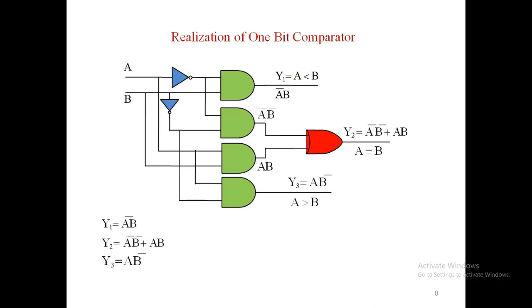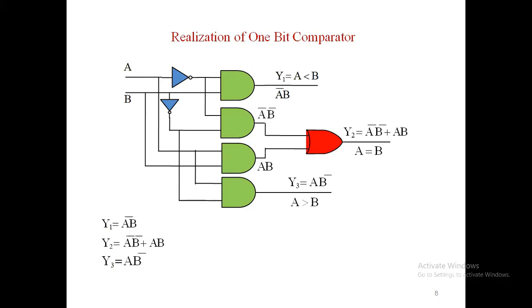So you have to pass the value A as 1, B as 0. So here the NOT gate complements the 1, and it becomes a 0. Here 0, here 0. What is the output of this AND gate? 0. So y1 is nothing but 0. What is the value of y1 here?